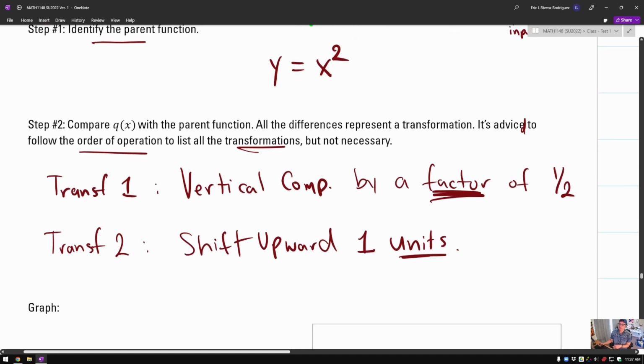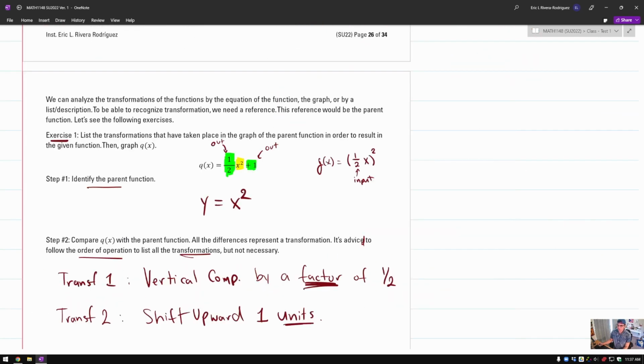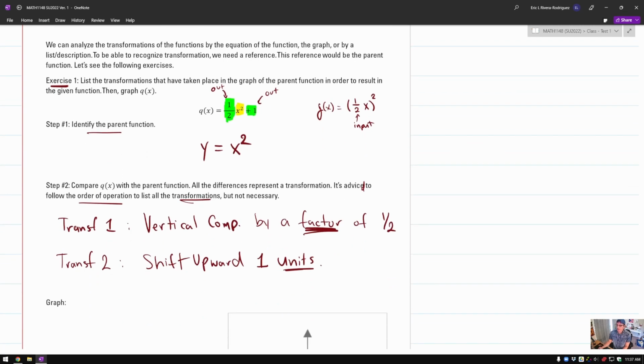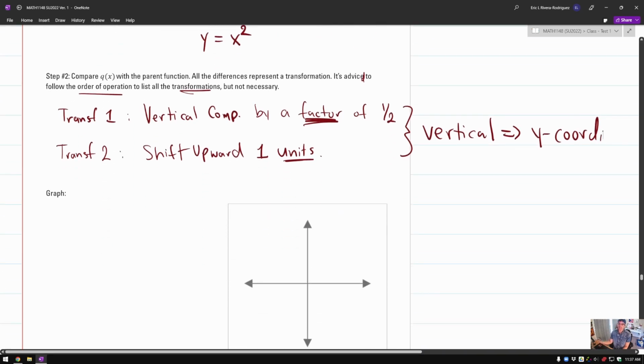Okay? So these two transformations are vertical, meaning that they are going to affect the y coordinate. Okay? So the x coordinates are not going to change. They are not going to be affected.